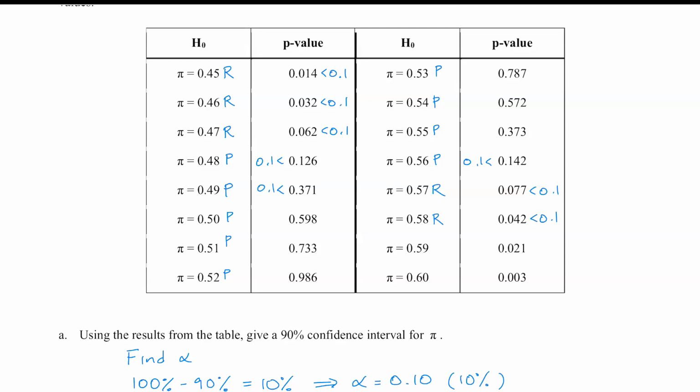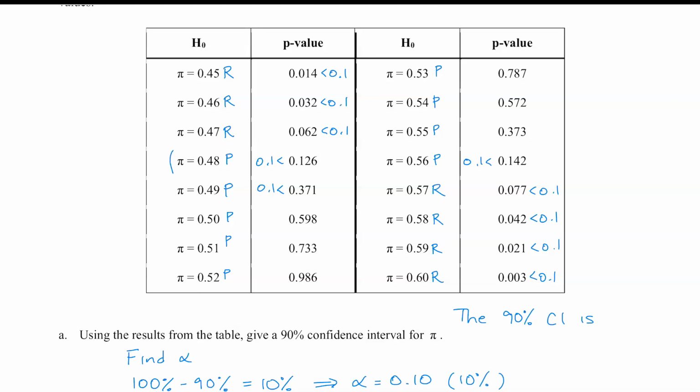But then 0.077 is less than 0.1. 0.57 is rejected as not being plausible. 0.042 is less than 0.1. 0.58 then is rejected as not being plausible value for pi. 0.021 is less than 0.1. 0.003 is less than 0.1. So I'm rejecting the corresponding pi value.